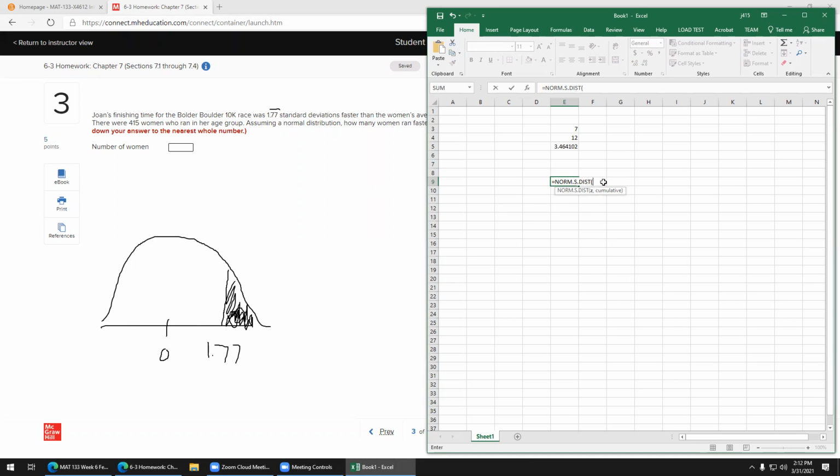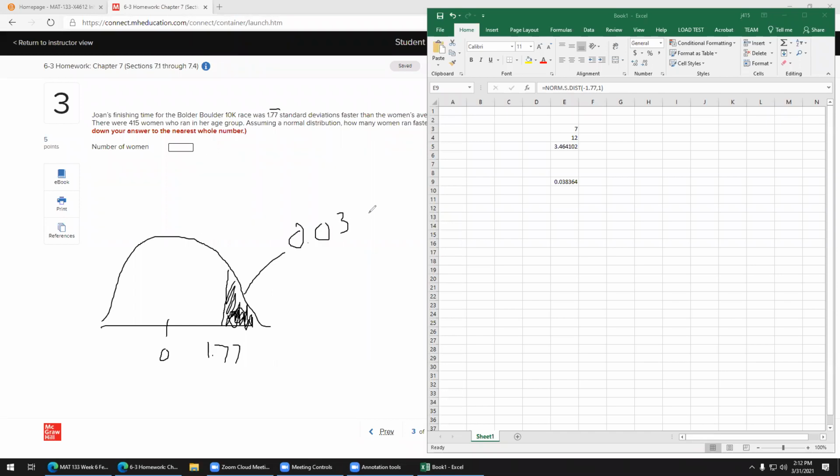So if I put in negative 1.77, that tells me this percentage here is 0.038, or if I move over 2 decimal places, about 3.8%. So 3.8% of women are faster than her.